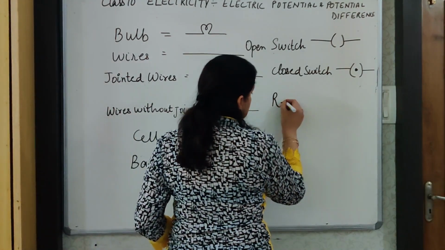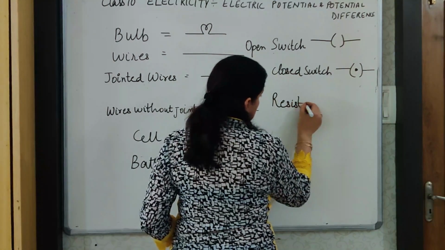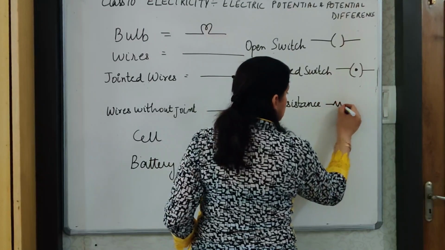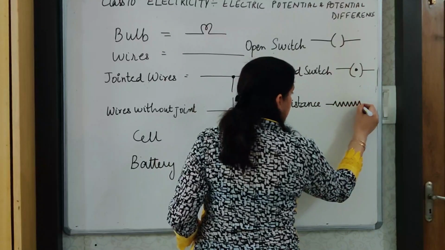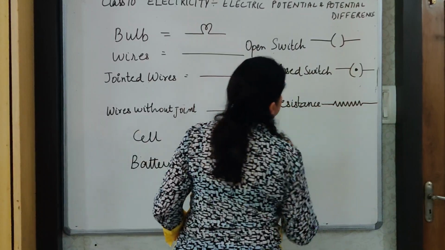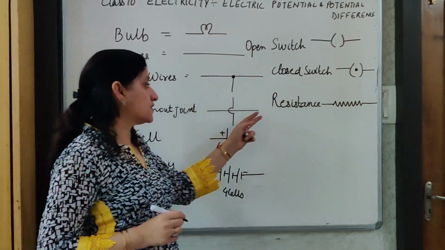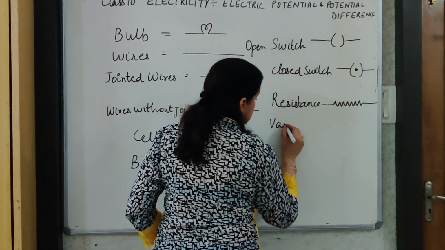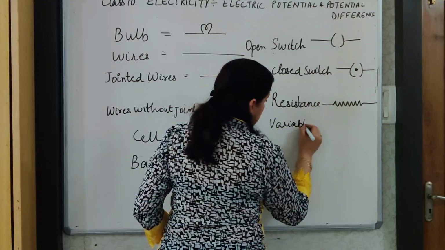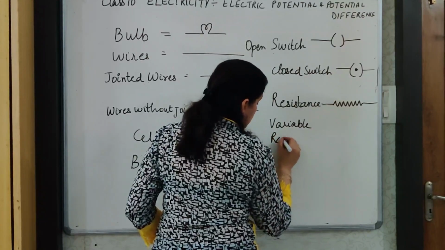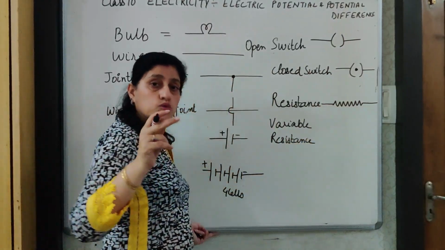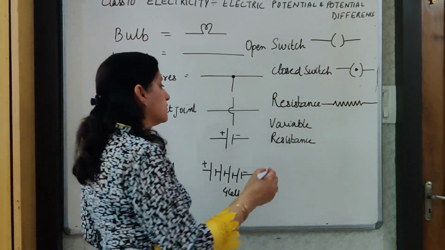So the leftover symbols will complete. We have resistance, and this is represented by a zigzag line, and this is of course the wires connecting it. Resistance has a fixed value, and we also have variable resistance. Variable resistance has two different types of symbols by which it can be represented.